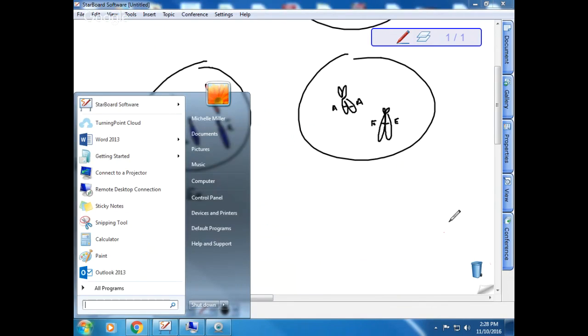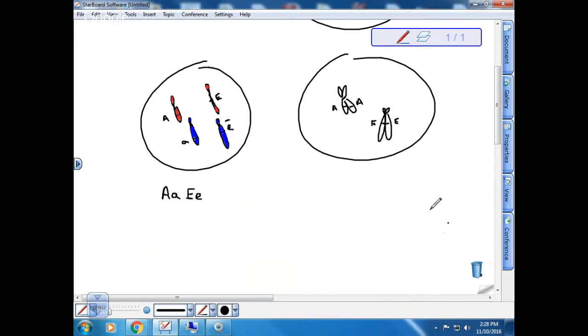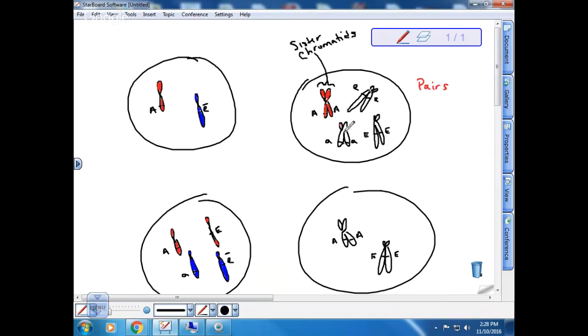No, okay. There's sister chromatids, but I said that this was where they are replicated, right? There's homologous pairs, because these are the homologous pairs right here, right? This is just a single replicated chromosome. It is not a pair.